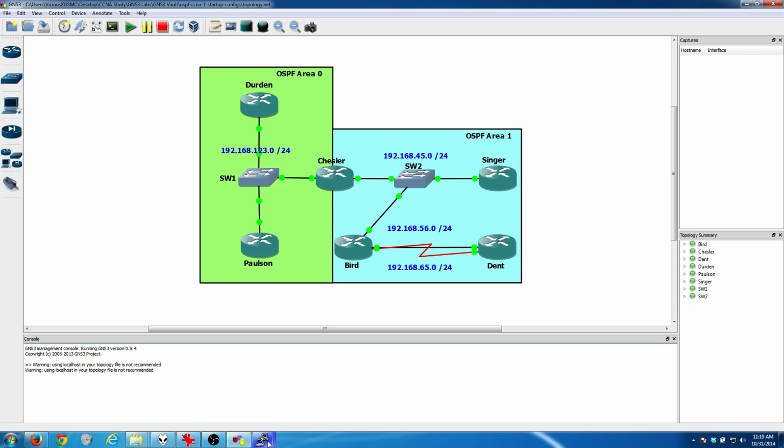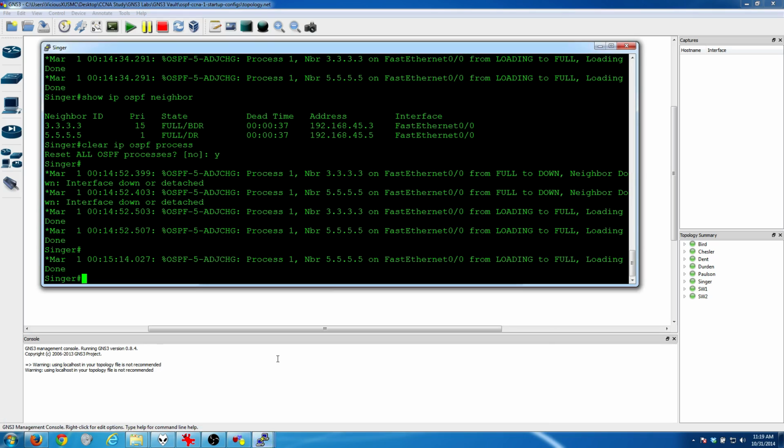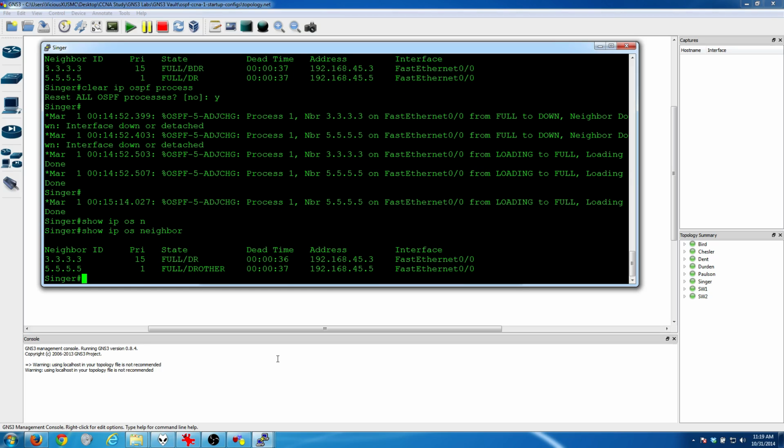All right, back to Singer. Let's look at our neighbors, and there we go. So we have the lower ID but the higher priority, so now it took over as the designated router. So that's how you accomplish that goal.